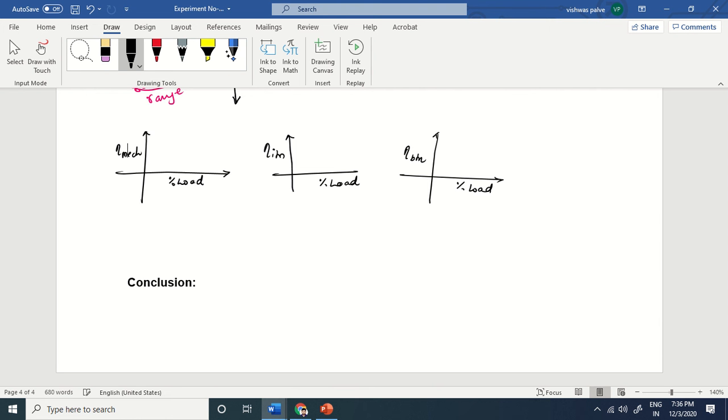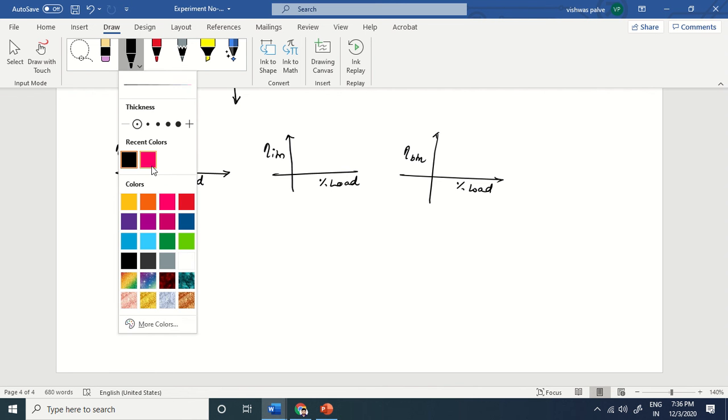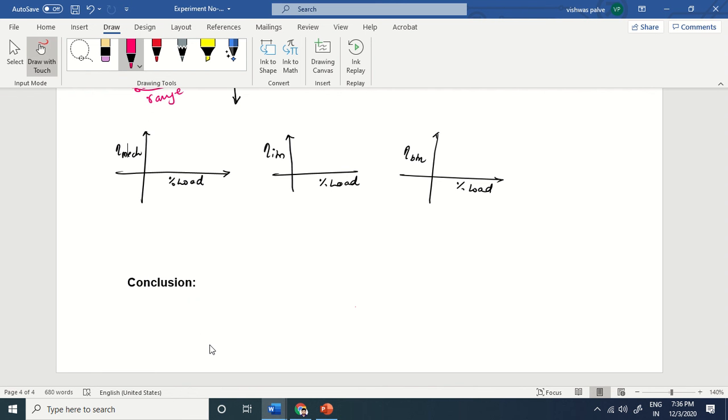How will the nature of the curve be? That I will also show you. The nature of the curve for the first graph, the mechanical efficiency, will be somewhat like this. Then for brake thermal efficiency it will be somewhat like this, and the indicated thermal efficiency curve will be somewhat like this.